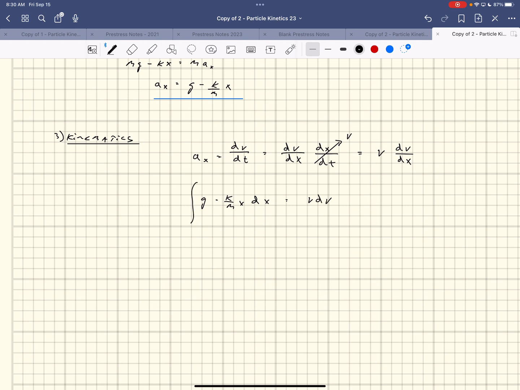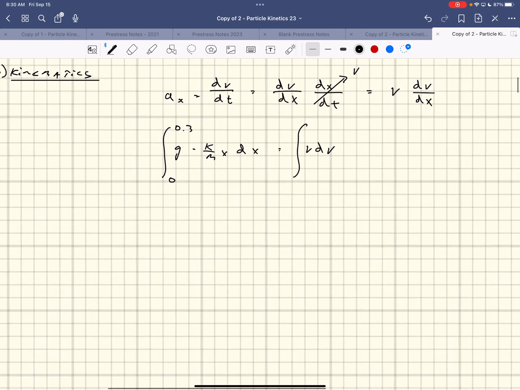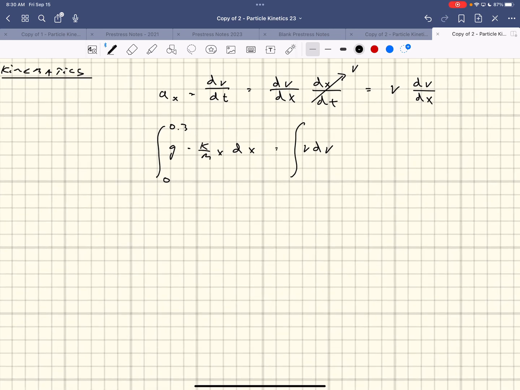Integrate both sides. This guy's going from 0, we're after the velocity at 0.3. So I know my bounds of my x. My x is going from 0 to 0.3, and my bounds on the other side are going from 0 to VF. I'm after this VF right here. That's what I'm after.